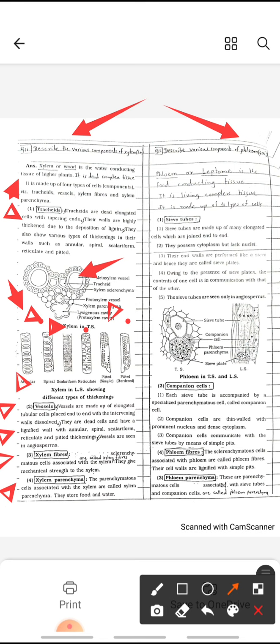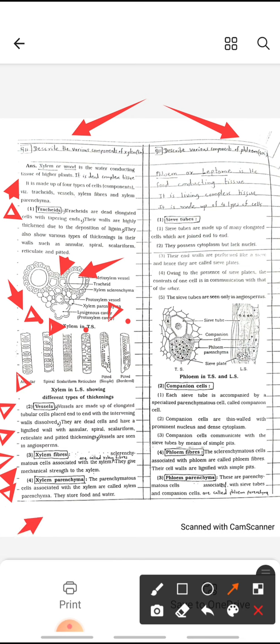Third one is xylem fiber. Sclerenchyma cells associated with xylem are called xylem fiber or xylem sclerenchyma. They give mechanical strength to xylem. So these are xylem fibers, xylem sclerenchyma.